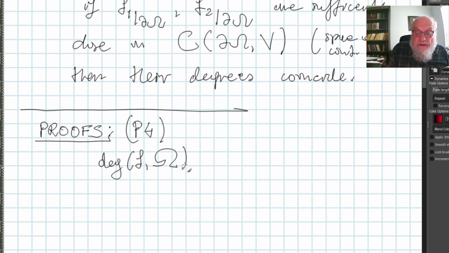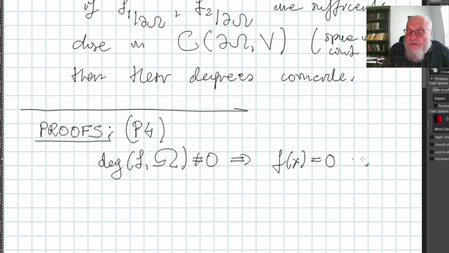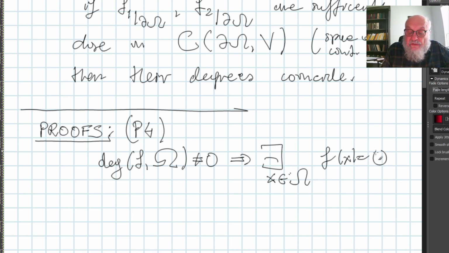f of omega is not equal to 0 implies that the equation f of x is equal to 0, so maybe write it down using quantifiers, has a solution: there exists an x belonging to omega such that f of x is equal to 0.